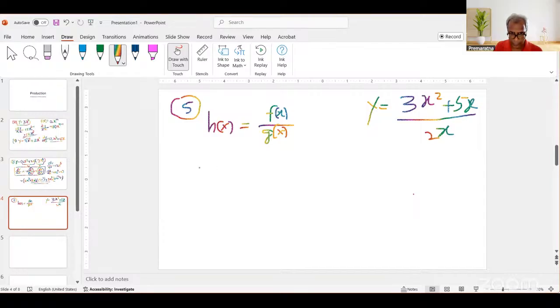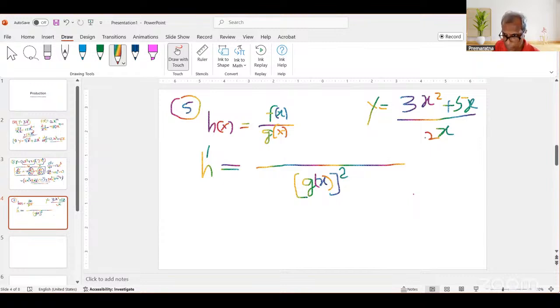The differentiation rule applies here. When you differentiate with respect to x, the g(x) in the denominator becomes squared.